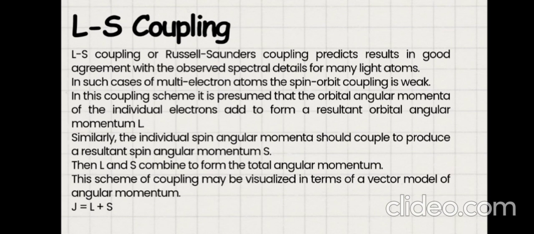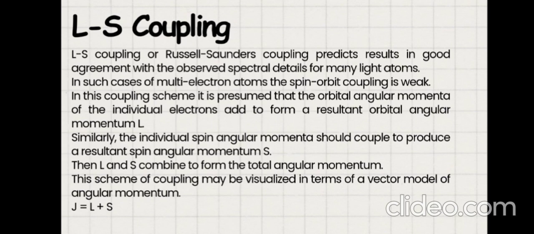So what is LS coupling? LS coupling, or Russell-Saunders coupling, predicts results in good agreement with the observed spectral details for many light atoms. In such cases of multi-electron atoms, the spin-orbit coupling is weak.